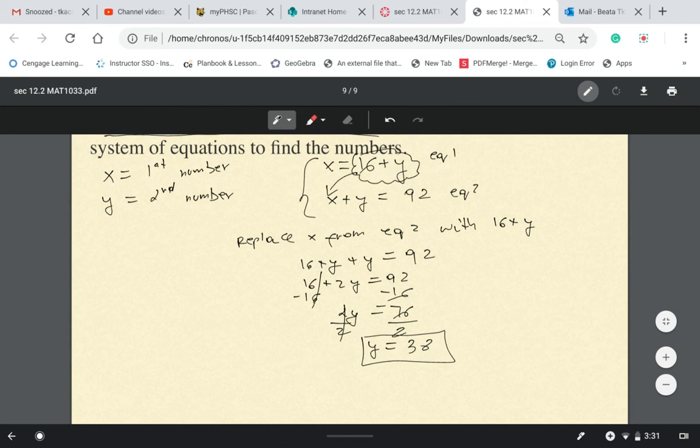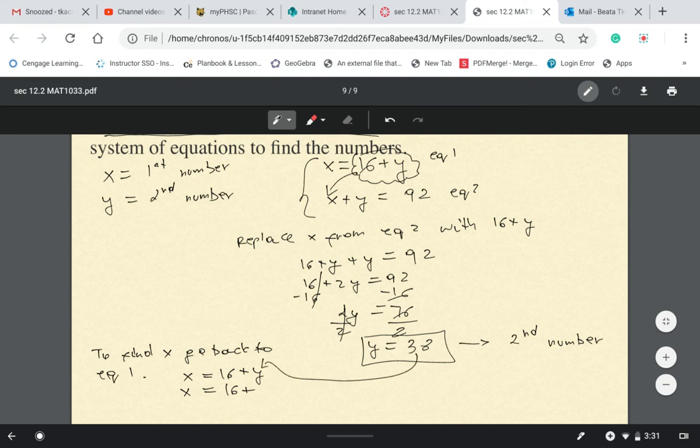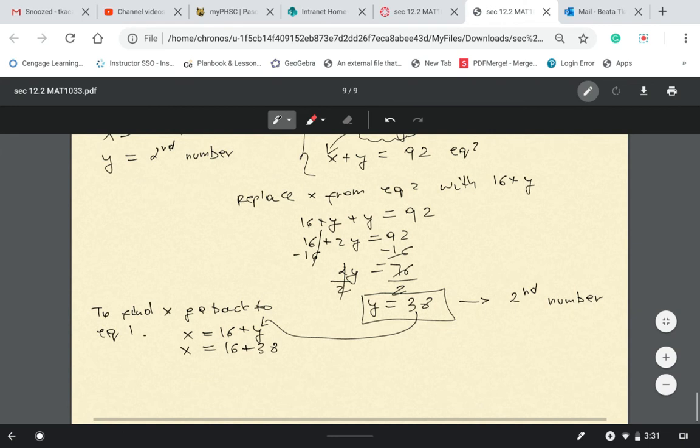So now we have to find x. Again, it doesn't really matter which one is first, which one is second. To find x, go back to equation 1. Equation 1 is x equals 16 plus y. So x will be 16 plus, we know y, it's 38. So we have x equal 54.